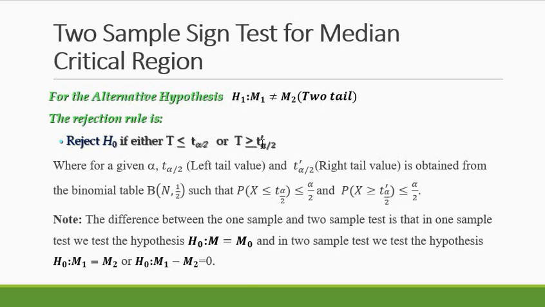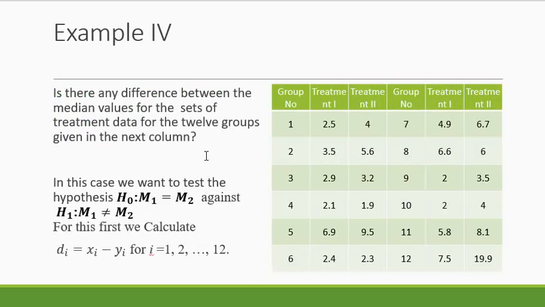So if you get a T value in between, you can accept the hypothesis. Otherwise, we reject it. These are the only differences between one sample and two samples. Again, in one sample we find xi minus M naught, and here we find xi minus yi. So here is a small example in which it is given.